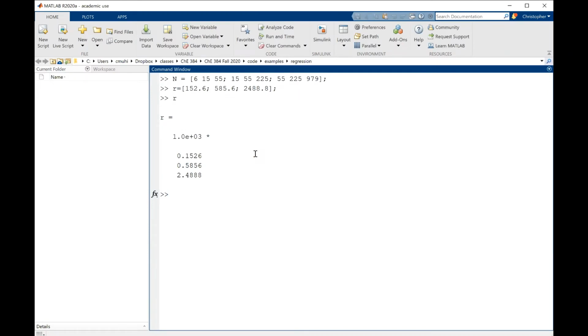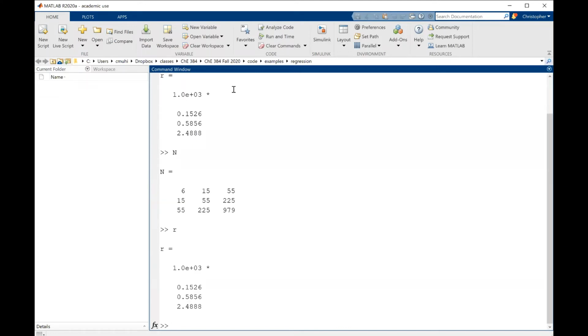So here we are in MATLAB. I've gone in and typed in our different values for n and the different values for r from that previous slide. So just to show you, we have our n matrix. We've got r that's representing those vertical cases. I'm now ready to conduct my linear algebra.